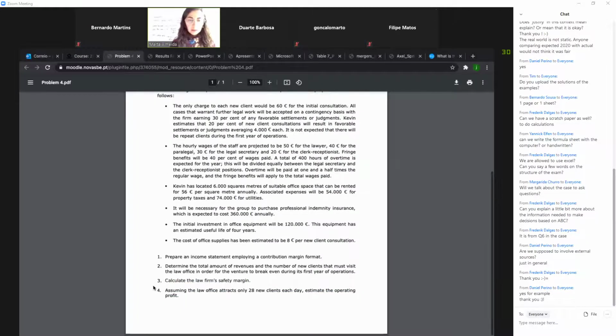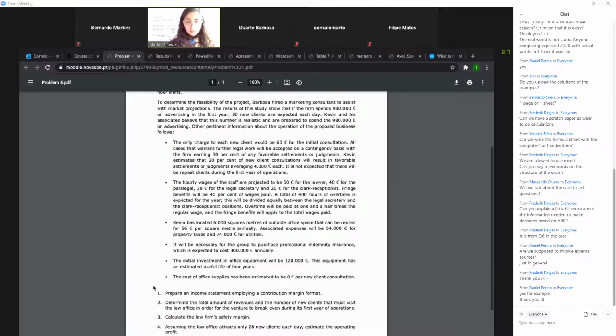Porque assim não é contribution margin por... Porque vê lá, nesse último ponto: but the cost of office supplies has been estimated to be 8 euros per new client consultation. Os settlements já não são new clients, eles já são clients, não é?